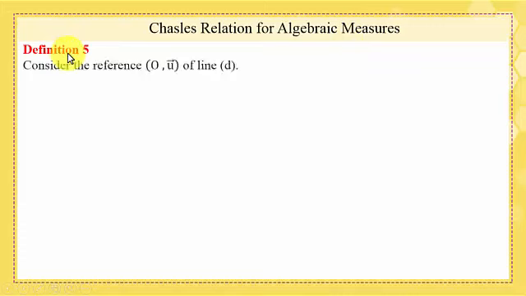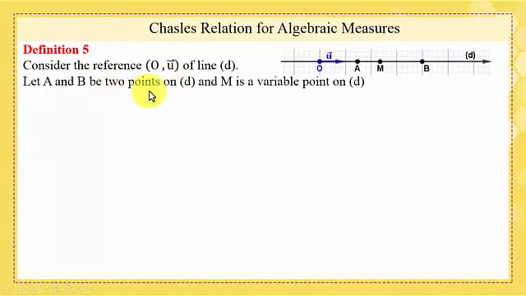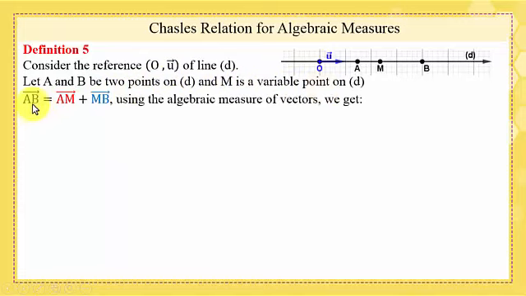Definition 5. Consider the reference (O, U) of line D. Let A and B be 2 points on D and M be a variable point on D. We have vector AB. If we introduce a letter M here, vector AB equals AM plus MB, we get that AB bar times U equals AM bar times vector U plus MB bar times vector U, which was proved before.